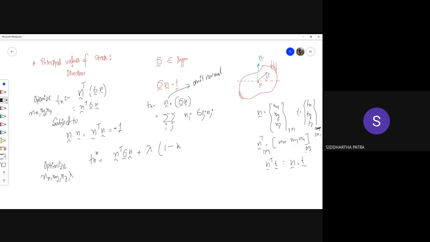So 1 minus n transpose n. Now when this condition is satisfied, this quantity itself is 0 multiplied to lambda. So as long as you satisfy this, you are simply optimizing this quantity, and you can optimize nx, ny and nz.